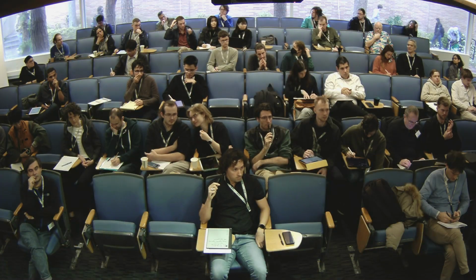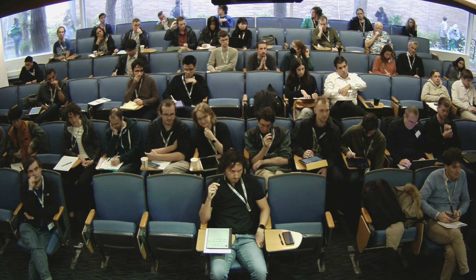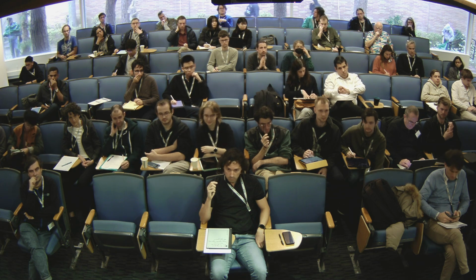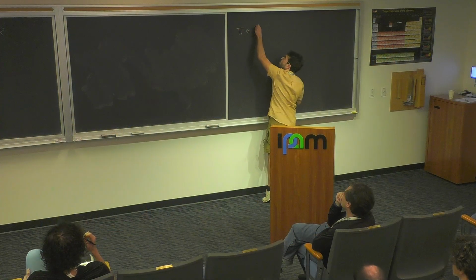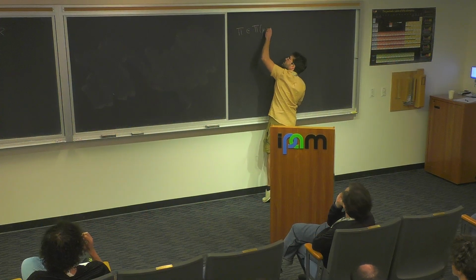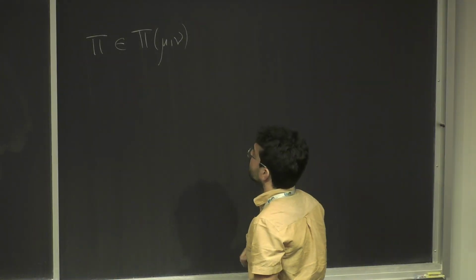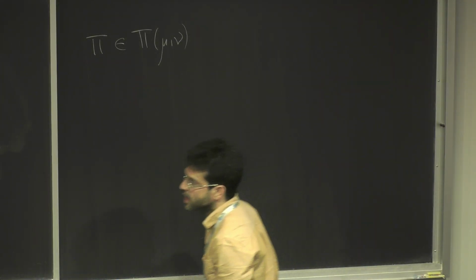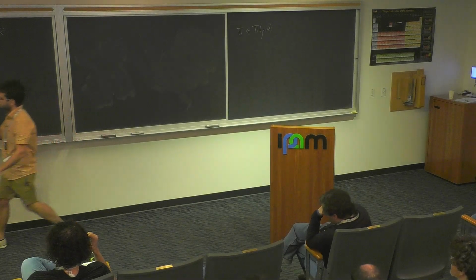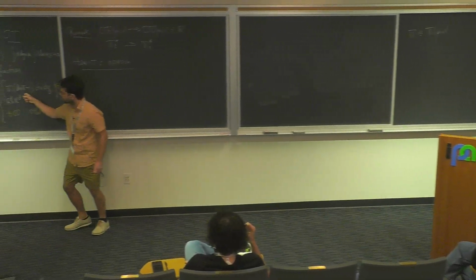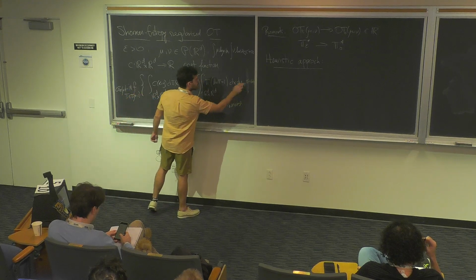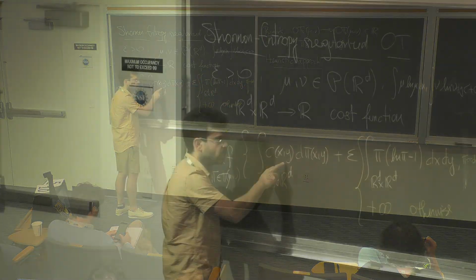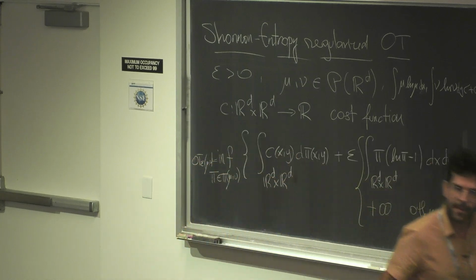Yes, sorry. Can you explain again what pi is? What's pi as an element of pi mu nu? Of course. Let me do it here in the corner. Suppose that pi, just to make my life easier, since I know that the solution of this problem should be a function that is absolutely continuous with respect to Lebesgue, so pi is a function, not a measure.